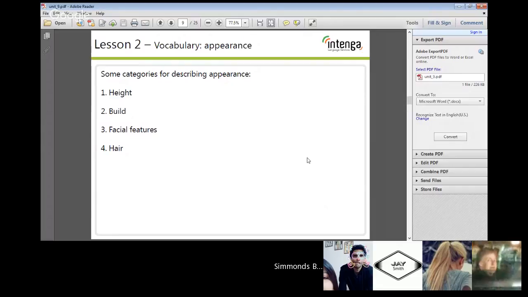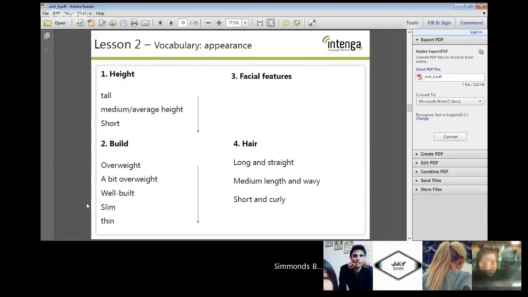So why don't we go to that next page then? All right. So these are different things that we can talk about. So height, obviously, we have tall and short. Those are the two most famous adjectives for height. And then we can say medium or average height. What does that mean? They're basically the same height as everyone else around them.